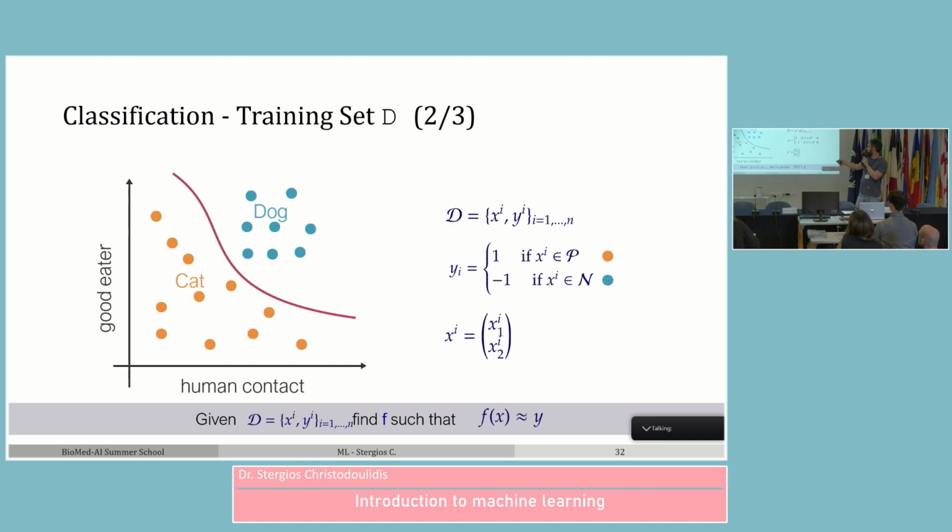So you have 1 to define that this is a dog, and -1 that this is a cat. And then your task is to identify this separation between the two.